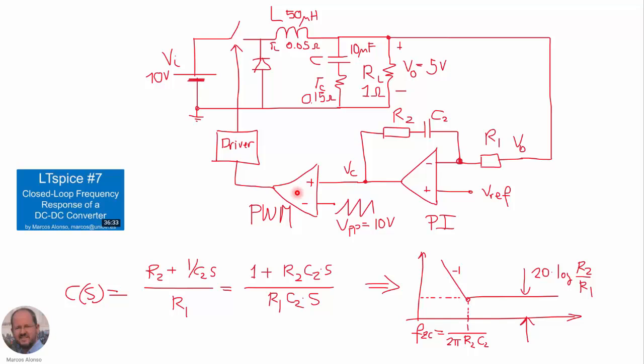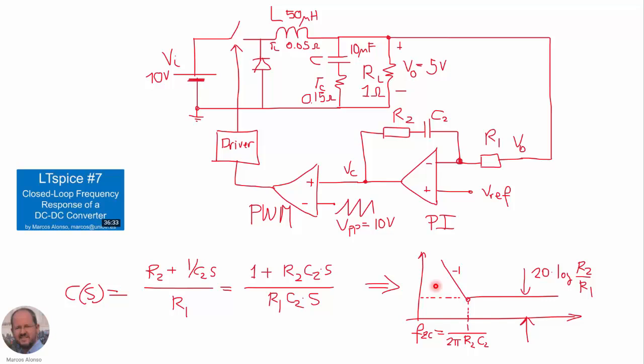This is a PWM modulator using a comparator comparing the output of the compensator with a ramp of 10 volts peak to peak, and then the output of the PWM comparator goes to the switch. So in this video, Qspice number 7, we used a PI compensator with this expression here and this transfer function to implement the closed loop operation of our converter.